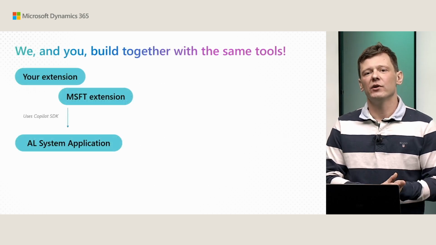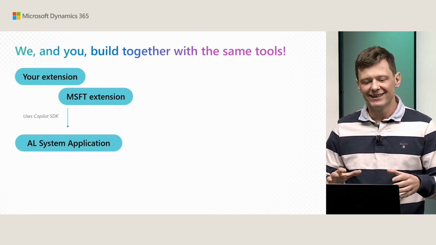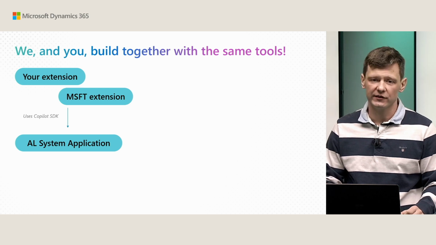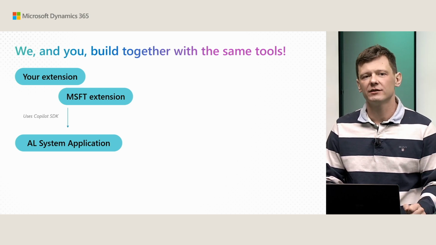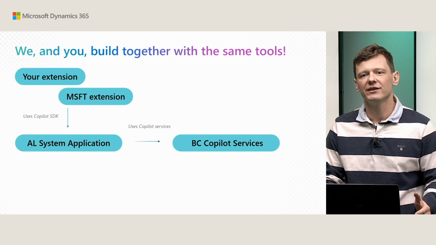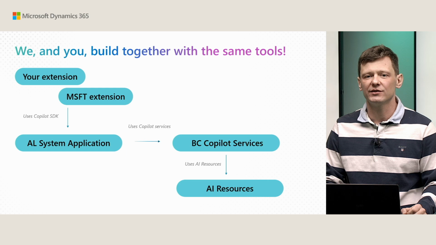The reason why it's so important and so cool is that finally you and us have the same framework and infrastructure for how we build our Copilot experiences. So think about your extension as any other Microsoft extension, which goes through our AI toolkit, which behind the scenes consumes some cloud Copilot services, which finally give you access to some of our large language models.